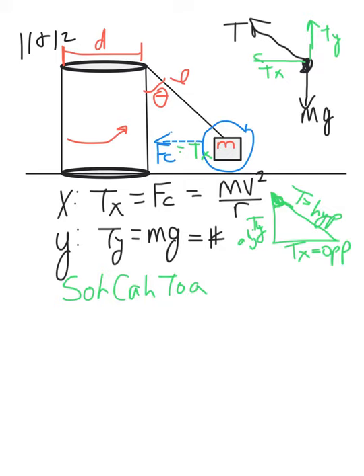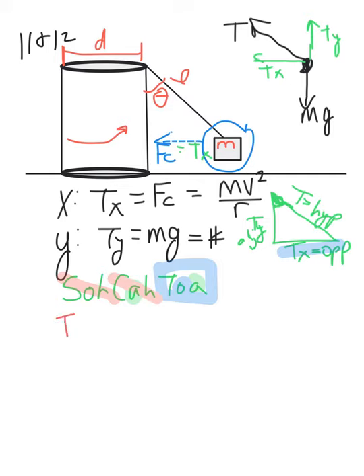let's see, adjacent, so I can't use the sine, and what do I want? What's most important to me? And what's most important to me is going to be the extension of the opposite. So I'm going to use the tangent function as my math.